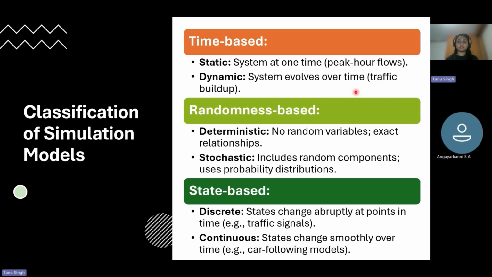A discrete model assumes the system state changes abruptly at specific times, such as a traffic light, whereas a continuous model assumes smooth changes over time, like tracking in a car following model. So these are the different types of simulation models, and depending upon what analysis we need to test, we choose the model.